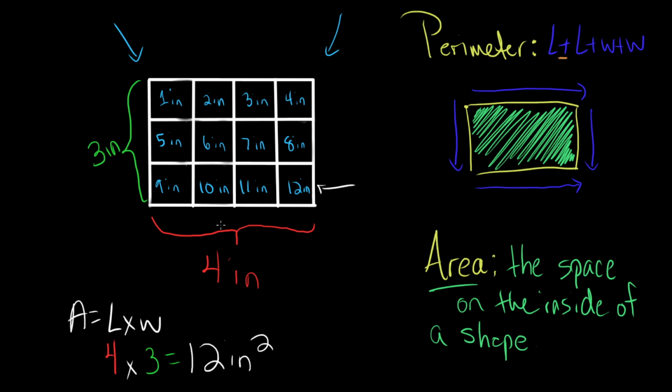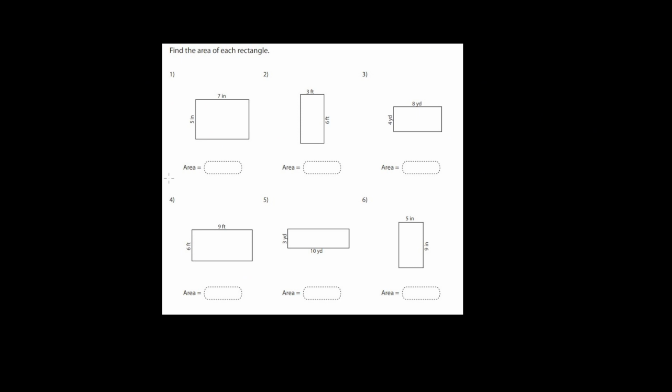Okay, so this is why it's really important to know this formula, because I would rather be able to do this multiplication than have to count every single square inside of whatever shape you may be measuring. Okay, so now that we know that area is length times width, let's solve a couple area problems to get a little bit of practice.